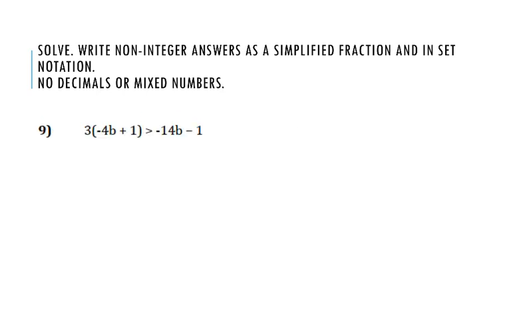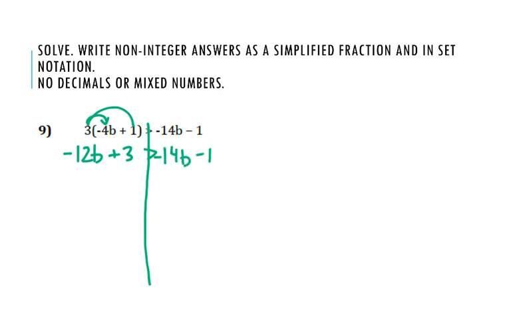Number 9, we have 3 times negative 4b plus 1 is greater than negative 14b minus 1. So let's go ahead and draw a line down from the inequality sign. And on the left, we're going to simplify by distributing the 3 through the parentheses. So we're going to get negative 12b's, 3 times 1 is 3, so plus 3, is greater than negative 14b's minus 1.